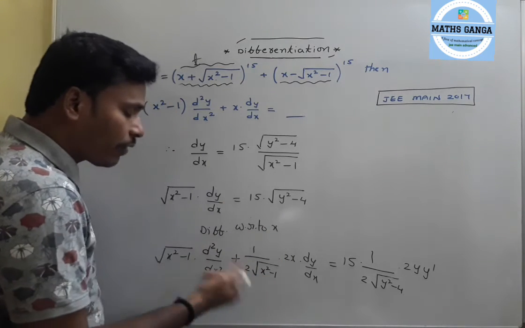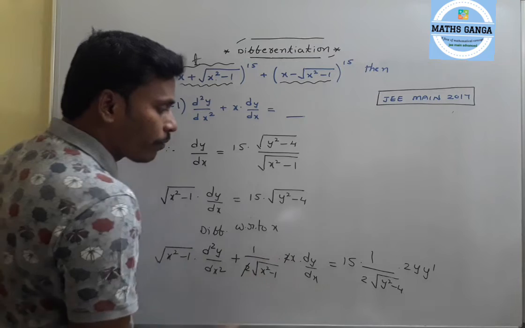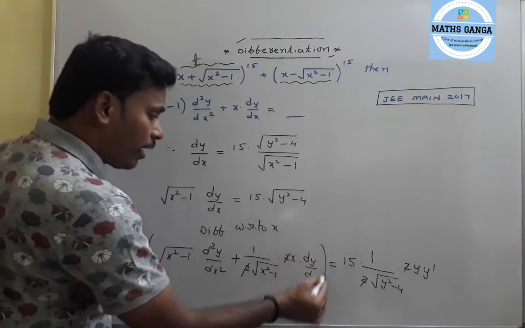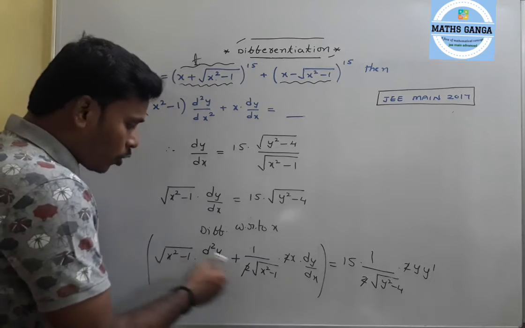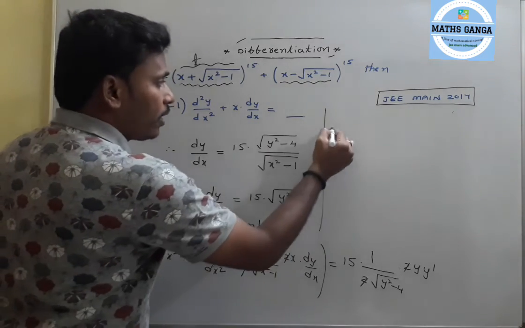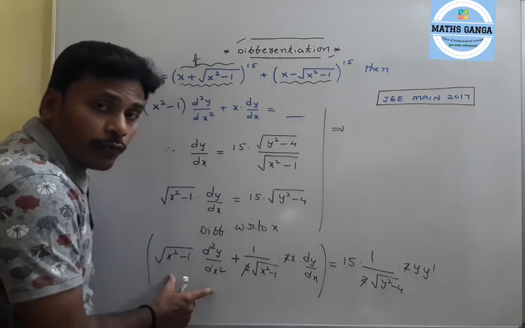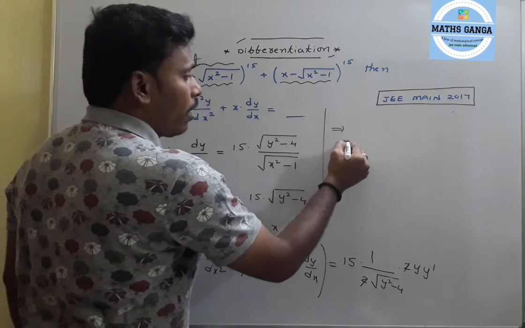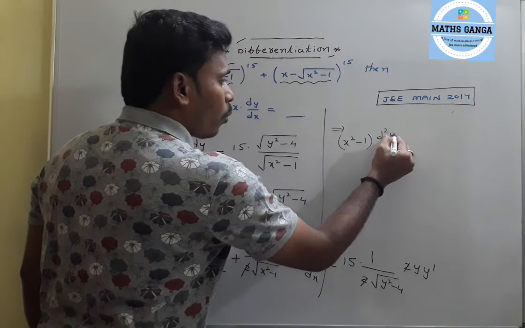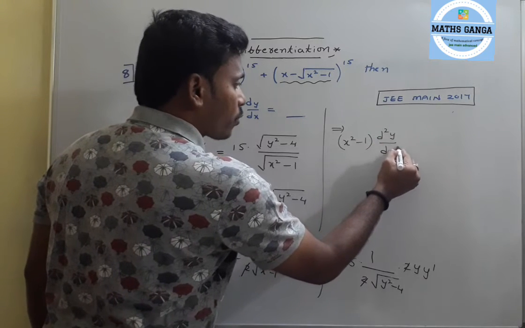Okay. So further we need to simplify. Just cancel out this 2, as well here again 2. Now this is the right side, left side part, right? So multiply everything with root x square minus 1. What will happen? If you multiply this first term with root x square minus 1, we have x square minus 1 into d square y by dx square.